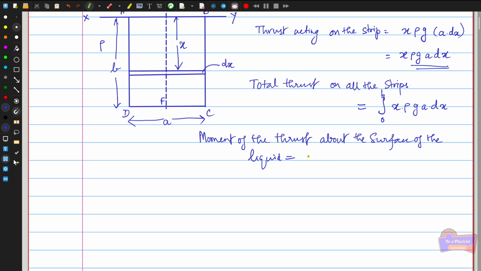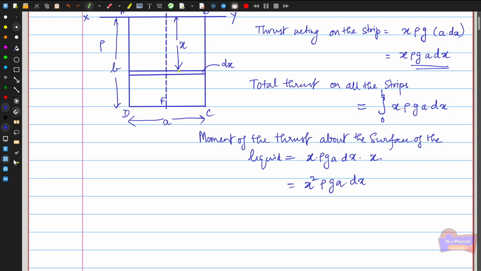So I can write x rho g a dx multiplied by the distance x, which gives x squared rho g a dx. This is the moment of the thrust acting about the surface of the liquid.